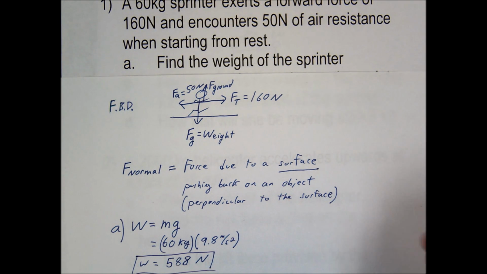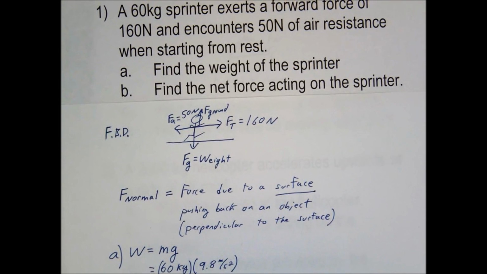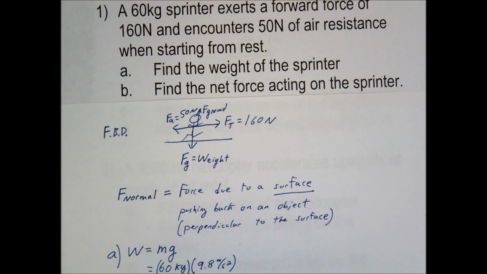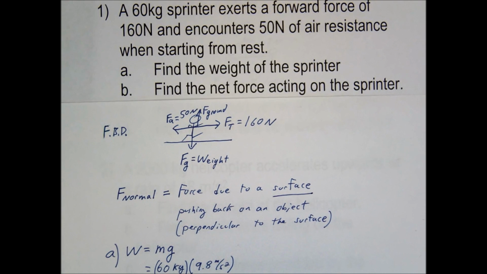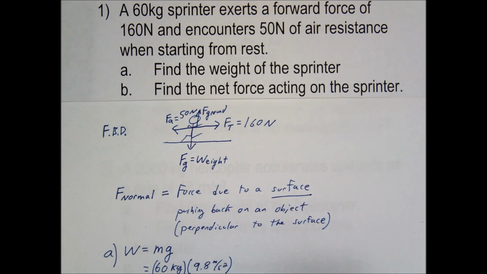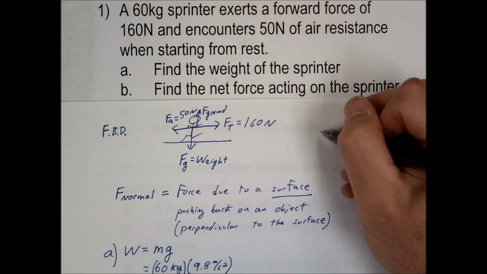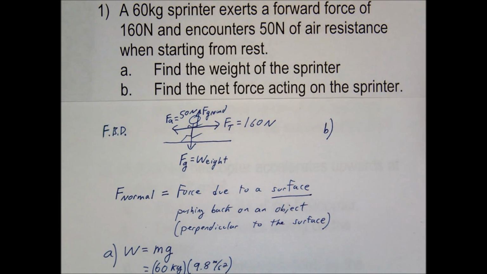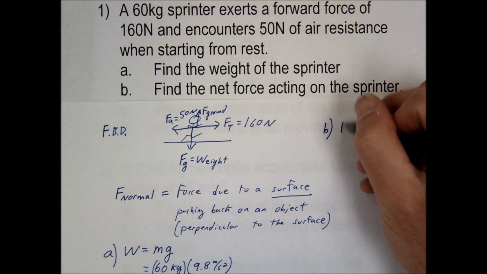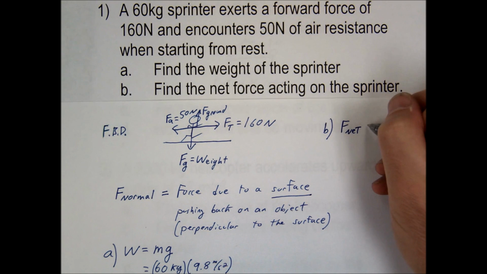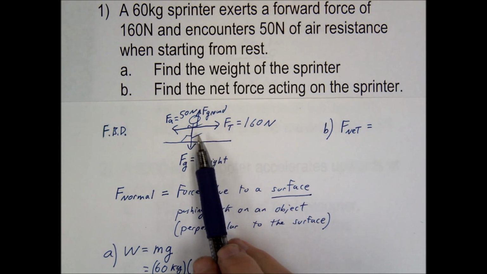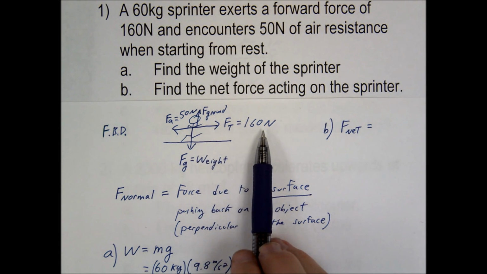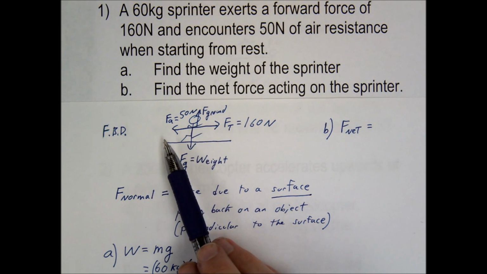Okay, letter B. What was B? Find the net force. Hopefully this should be somewhat straightforward. Just like the tug-of-war problem, we have the sprinter going forward with 160 and there's some air resistance pulling him back.